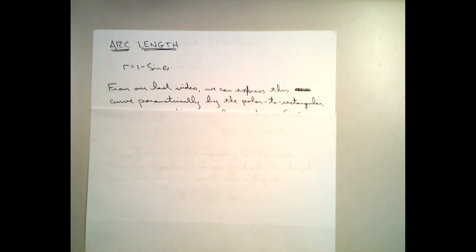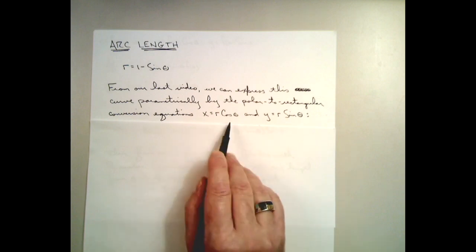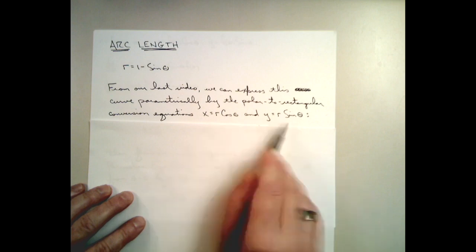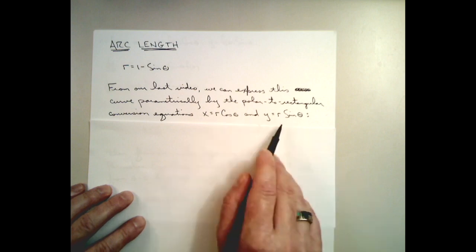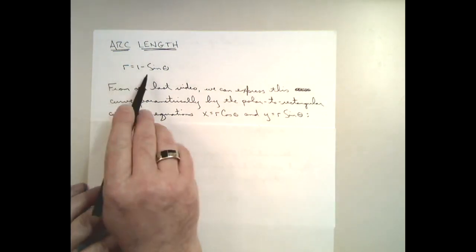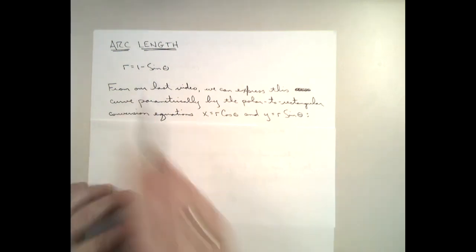We expressed it parametrically by using that polar to rectangular conversion equation, right? That x is r cosine theta and y is r sine theta. You remember those conversion equations, but we're able to apply it in the polar setting here because r is 1 minus sine theta.